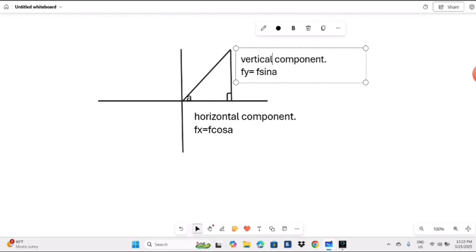If we want to calculate them, we are going to apply trig ratios, which we have learned in mathematics. We are going to apply SOHCAHTOA. Our vertical component is equal to F sine an angle, and our horizontal component is equal to F cos an angle.